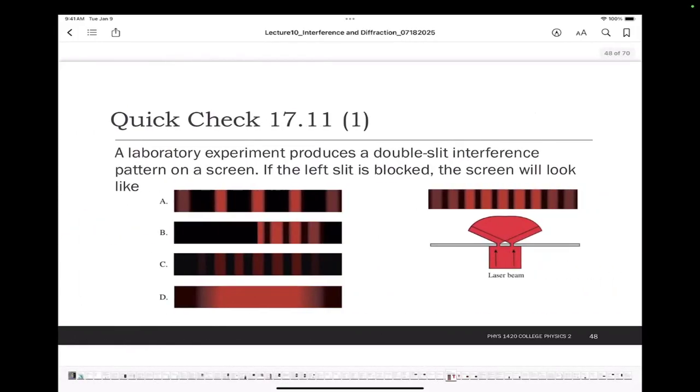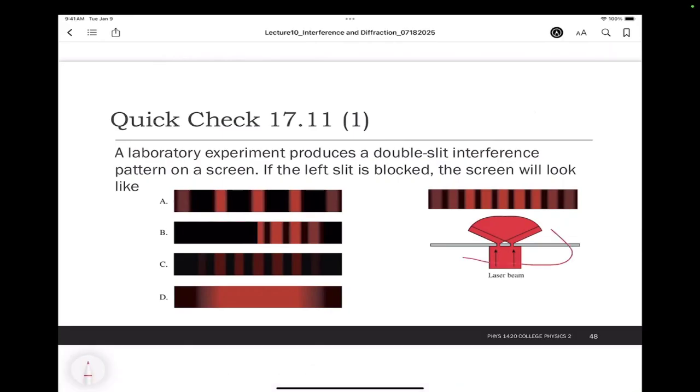Let's talk about the other one. A laboratory experiment produces a double slit interference pattern on the screen. If the left slit is blocked, the screen will look like, this is a double slit interference. If the left is blocked, it will become single slit interference.